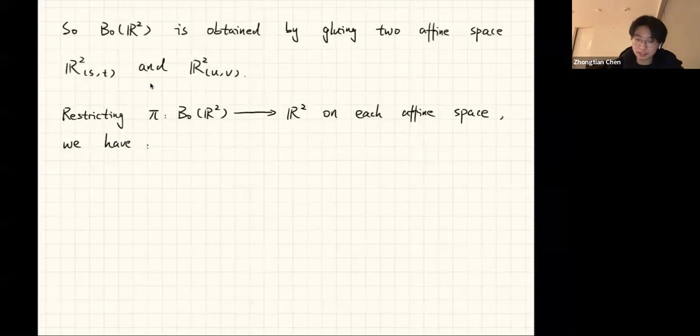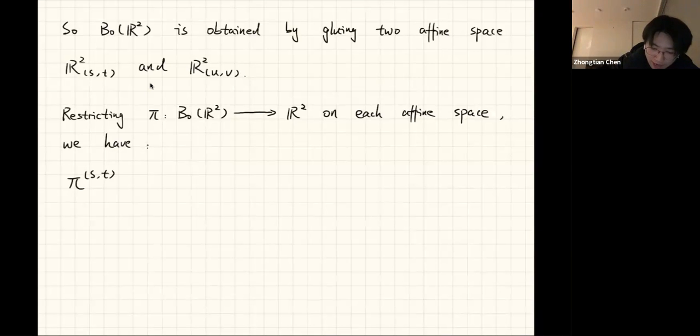So by doing so, we know that the blow up is covered by two affine spaces. One is this, where I use s, t as coordinates, and the other where I use u, v as coordinates. Now we take this projection map, we can restrict it to each of these affine covers. I will use this notation, pi restricted to this affine space.